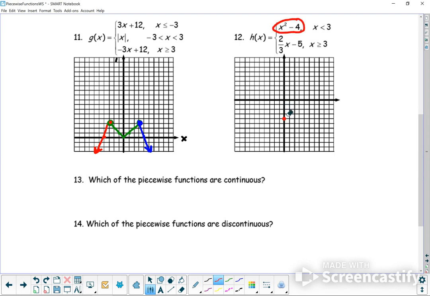It's going to start here, and it's going to be x squared, which means over 1 up 1, over 1 up 1, over 2 up 4, 1, 2, 3, 4. Same thing, left 2 and up 4. Over 3, 1, 2, 3, and up 9. So that's 4, 5, 6, 7, 8, 9, which means it's the same thing on the left side. So we will have something that looks like this.